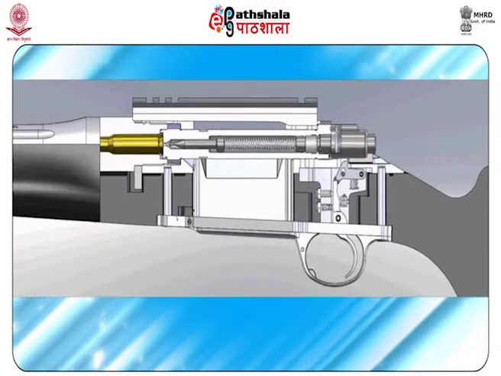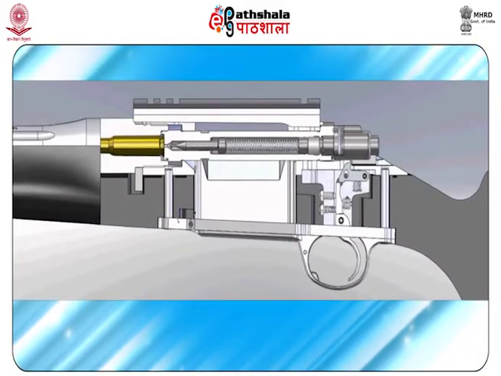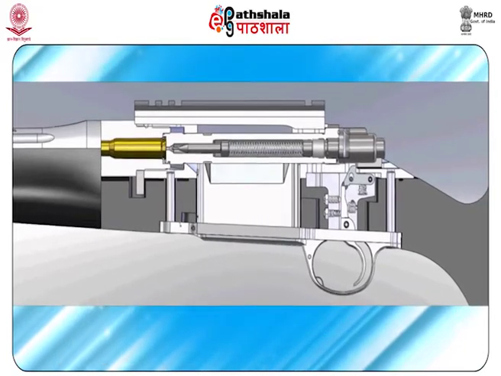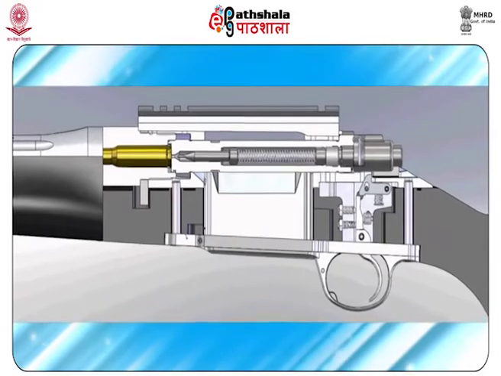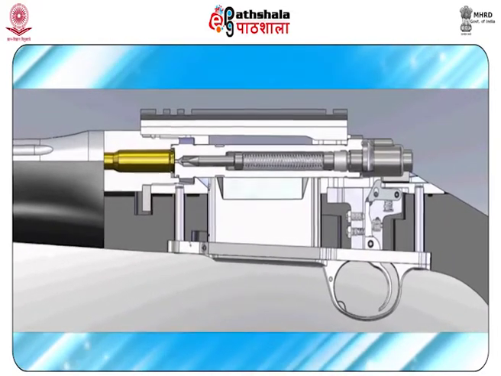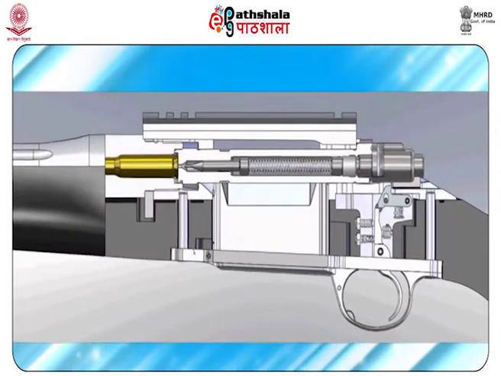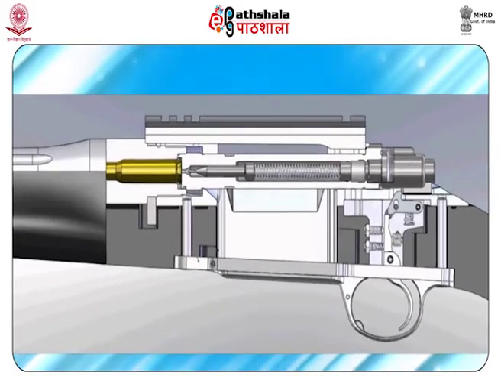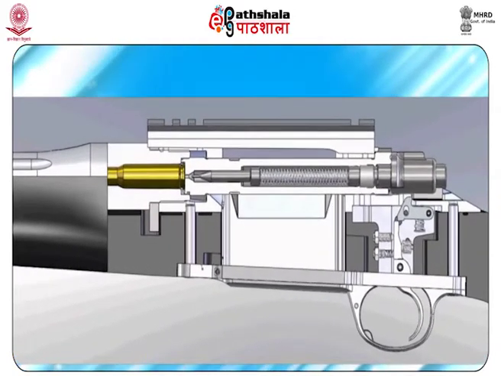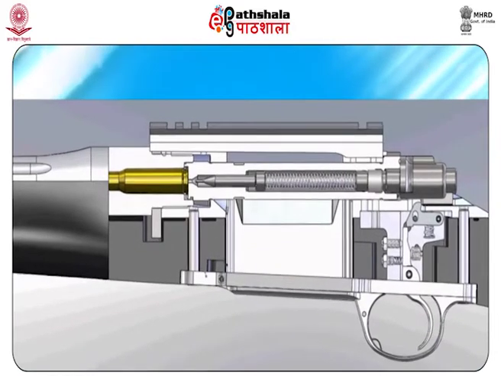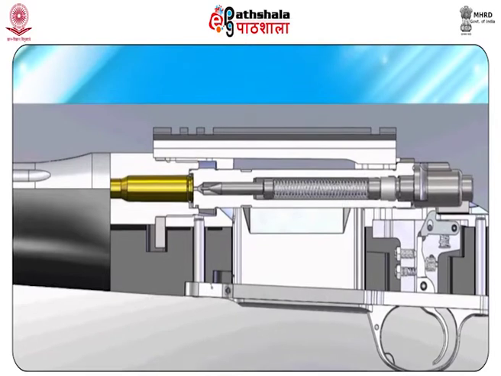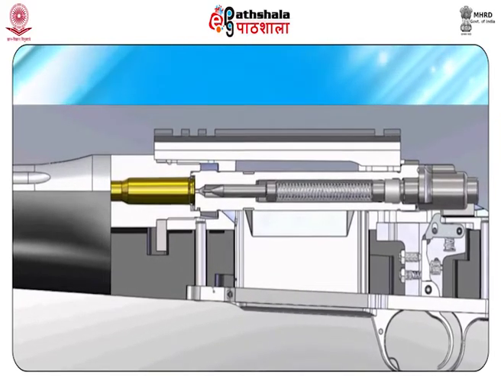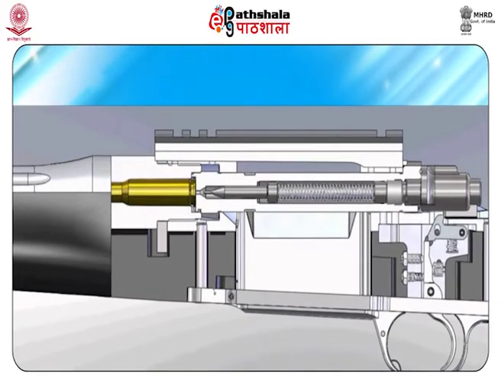In a firearm, when the trigger is pressed, it releases the hammer or the striker with considerable force. Subsequently, the striker compresses a pressure-sensitive material boxed inside the percussion cap. This generates a piercing flame which ignites the propellant, producing gas in huge amount.